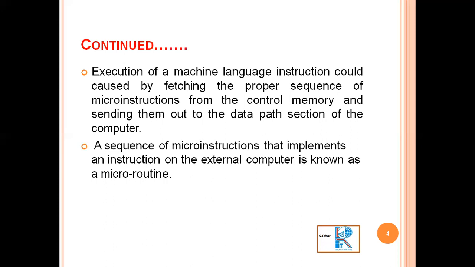Now you know that an instruction is a set of micro instructions. The sequence of micro instructions that implements an instruction on a computer is known as the micro routine. Okay, now what is micro routine? That will be clear again from an example I will give later.